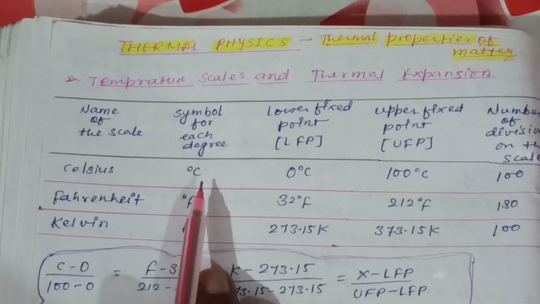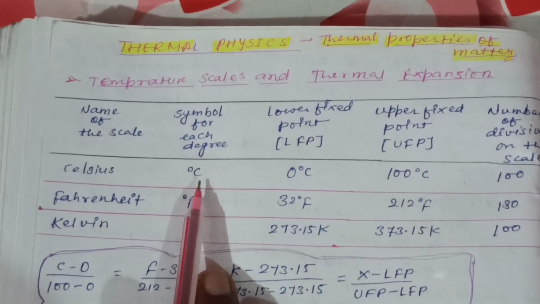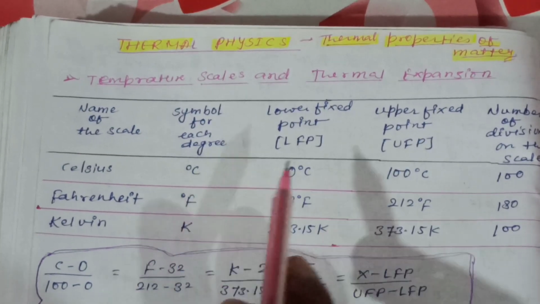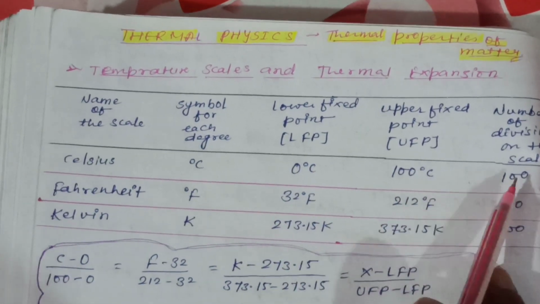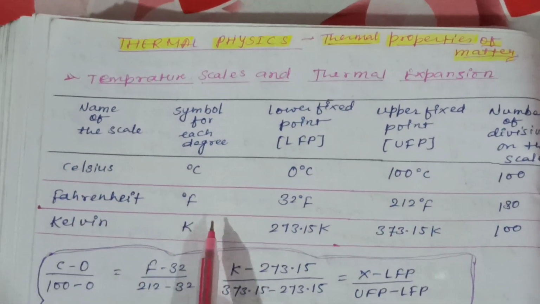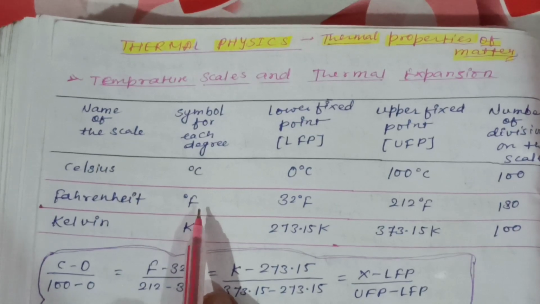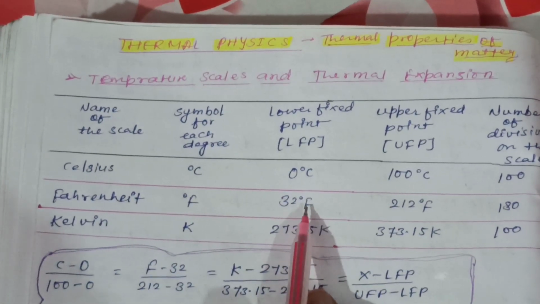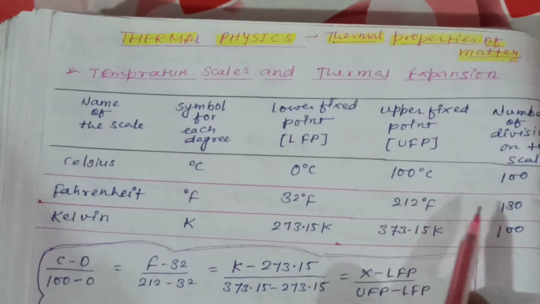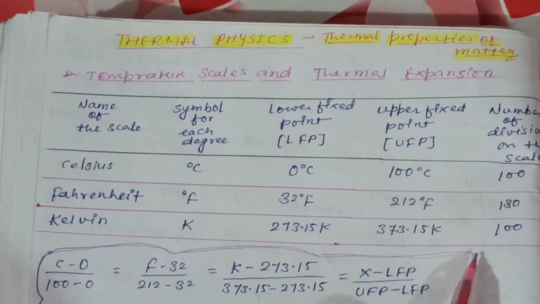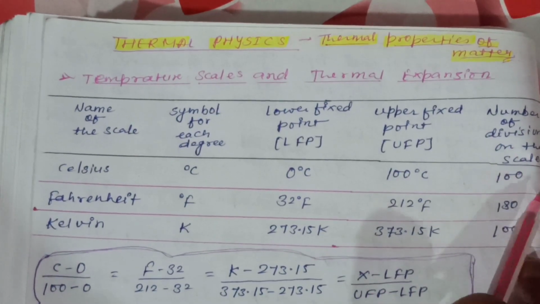Celsius: degree Celsius, 0 degree Celsius, 100 degree Celsius, 100 divisions. Fahrenheit: degree F, 32 degree F, 212 degree F, 180 divisions on the scale.